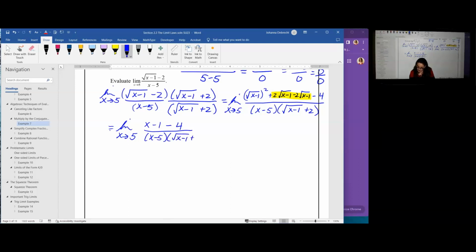Can you see what's coming? When I simplify the numerator, notice that I got an identical factor to what was in the denominator, namely the one that was causing the 0 over 0 result. Now what I can do, because these are exactly the same, and I have one on top and one on bottom, they exactly cancel, so I know I must have a hole in the graph at x equal 5.